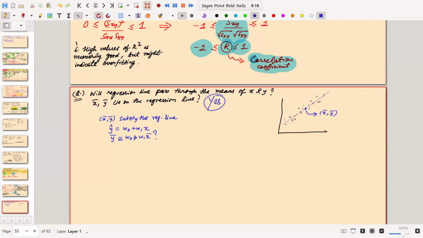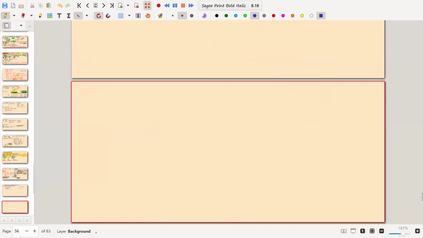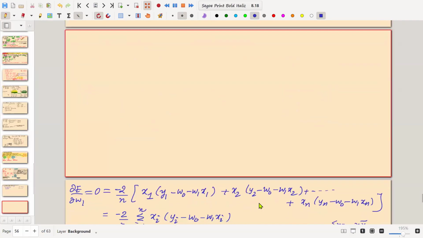So what have we learned so far? We learned linear regression: if data are spread in a linear fashion, you can estimate them by y cap equal to W0 plus W1X, where W1 is equal to Sxy divided by Sxx.